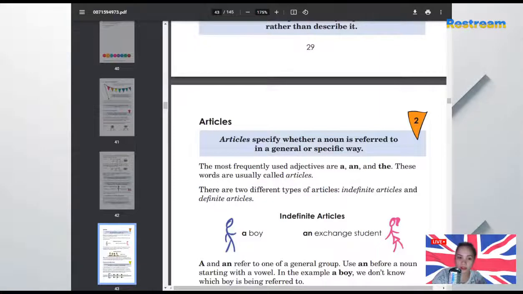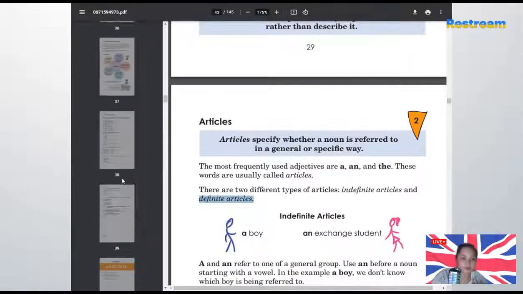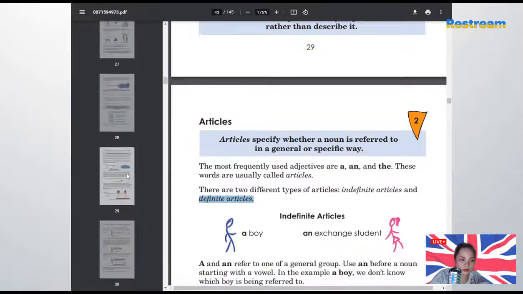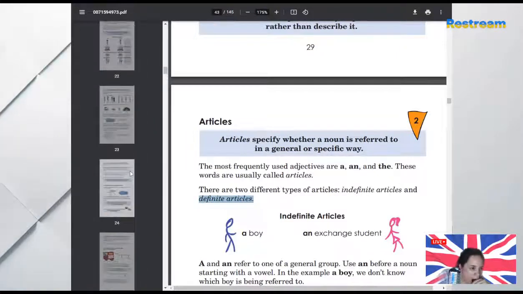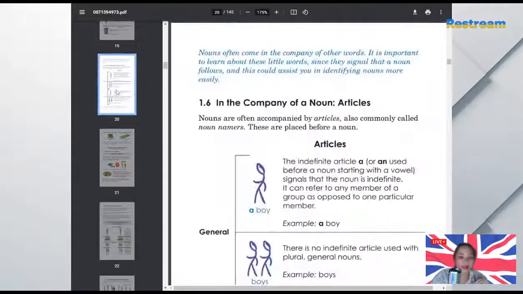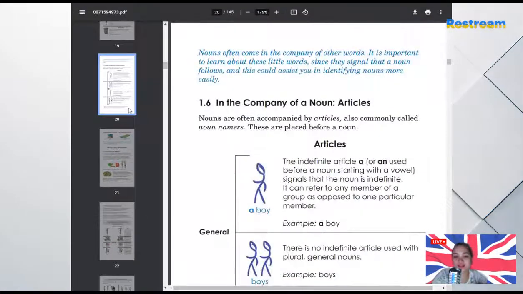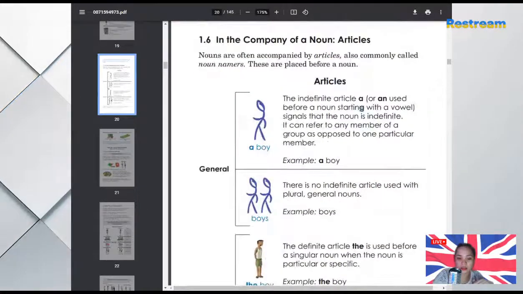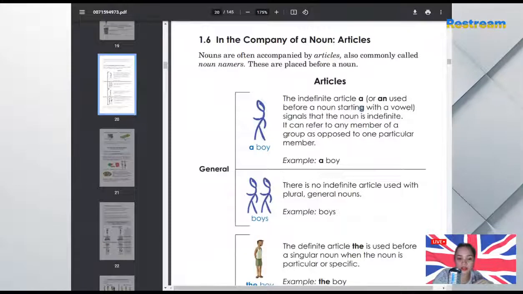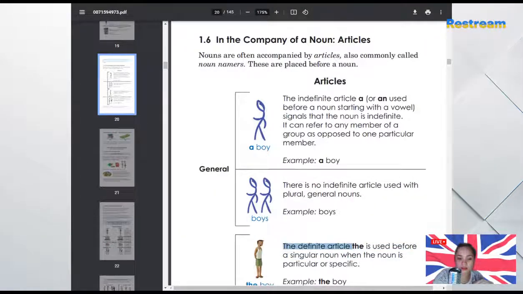Again, if you remember, the indefinite articles and definite articles. The indefinite articles are a or an, while the definite article is the word the.